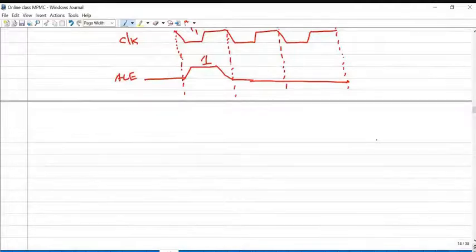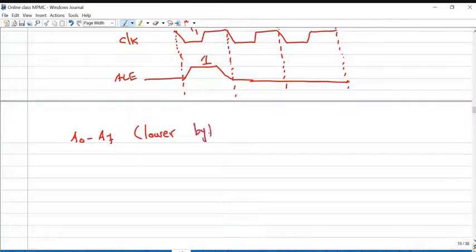Next, what are the other signals we need to represent in the timing diagram of each and every instruction cycle? Next one, A0 to A7, that is the lower order address or lower byte address, AD0 to AD7.